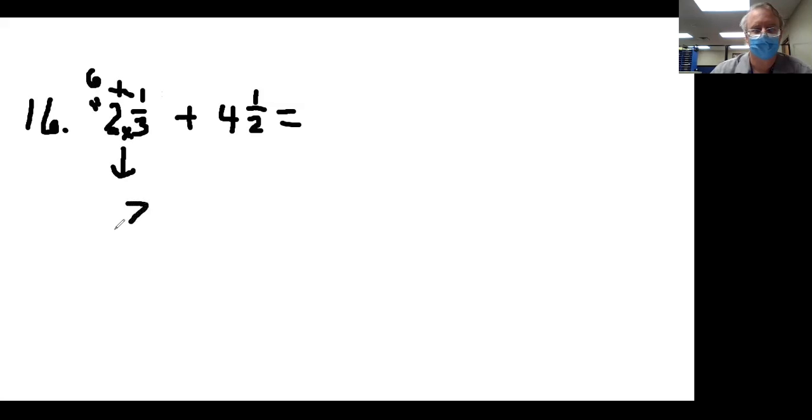So that becomes the new numerator on top. And the 3 stays the same. Now it's 7/3 plus, and we're going to do the same thing here, 2 times 4 plus 1. So it's 2 times 4 is 8. 8 plus 1 is 9. So that comes down here.